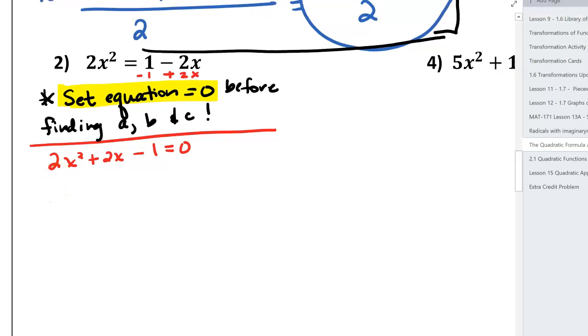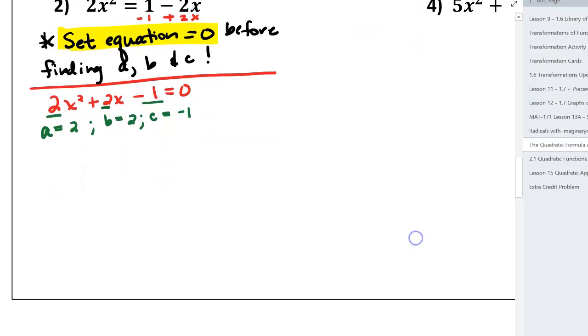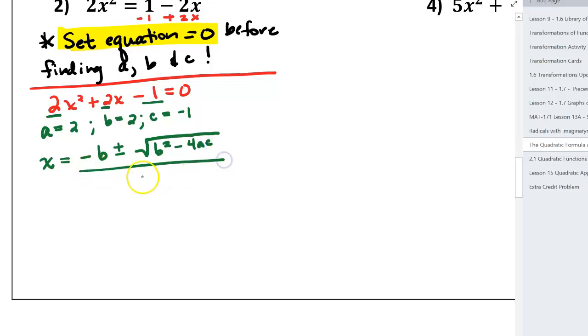So in this problem, A is equal to 2. It's the coefficient of x squared. B is also equal to 2, so that's the coefficient of x. And C is equal to negative 1, because that's your constant term. So plugging these into the quadratic formula, remember it's negative b plus or minus the square root of b squared minus 4ac all over 2a.